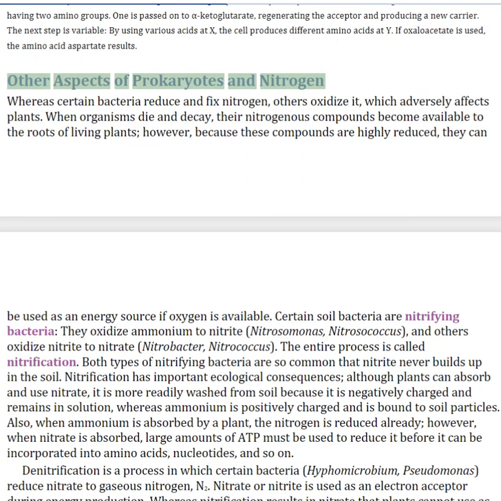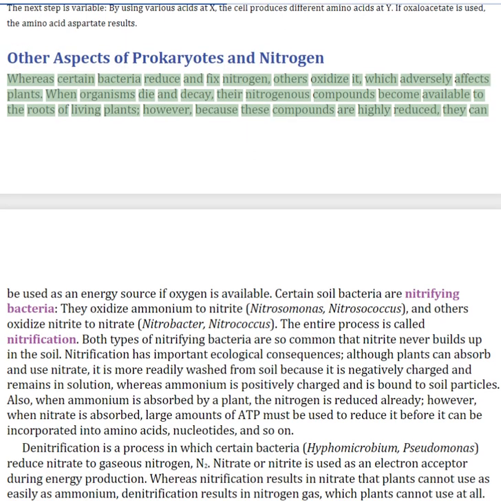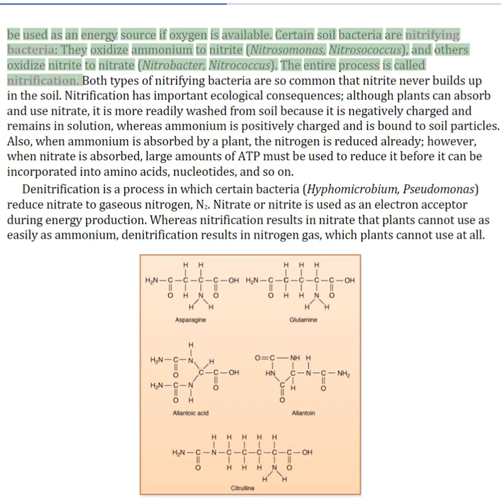Other aspects of prokaryotes and nitrogen. Whereas certain bacteria reduce and fix nitrogen, others oxidize it, which adversely affects plants. When organisms die and decay, their nitrogenous compounds become available to the roots of living plants. However, because these compounds are highly reduced, they can be used as an energy source if oxygen is available.